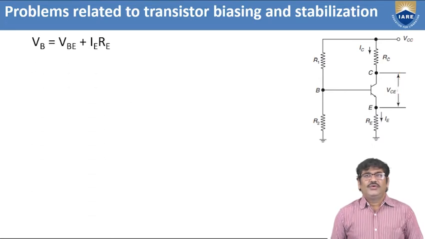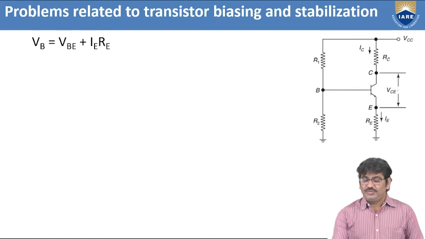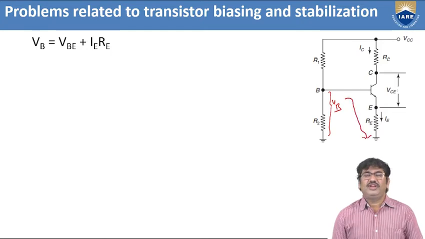Next, we will write the KVL expression for the input circuit. The voltage at this we will take as VB. We will write the KVL expression at the input circuit. The voltage between base to emitter is VBE. That is, VB is equivalent to VBE plus IE into RE.